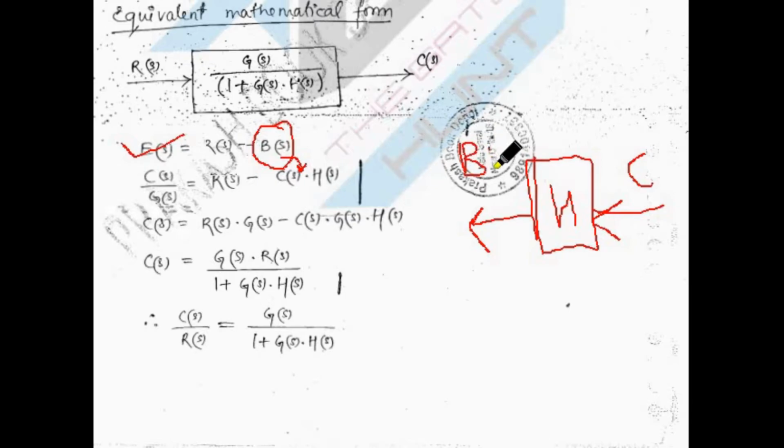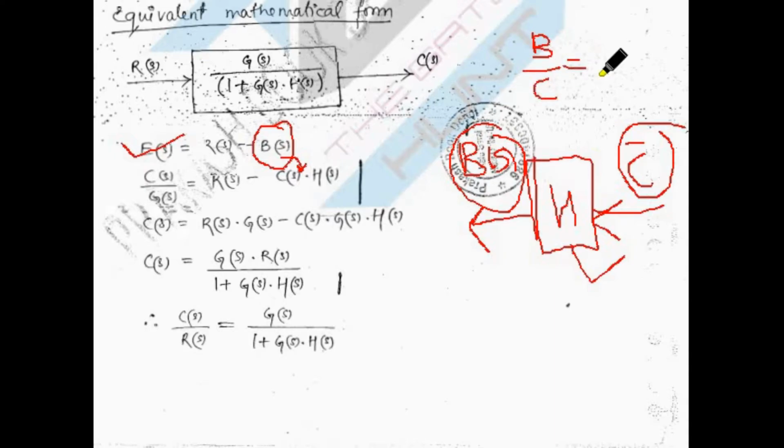As I told you, a transfer function is the ratio of the output signal divided by the input signal. So in this case, the output signal is B(s), the input signal is C(s), and the transfer function is H(s). So B(s) divided by C(s) is equal to H(s), right?